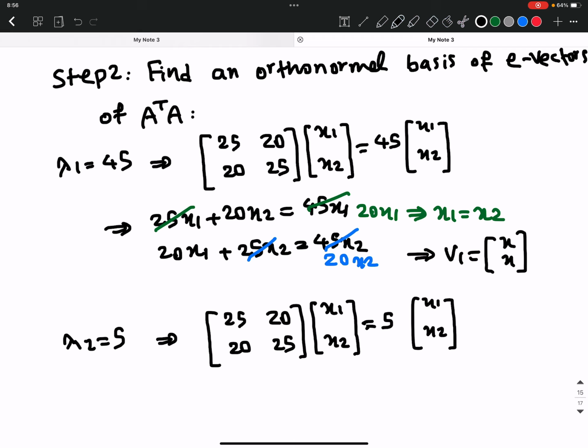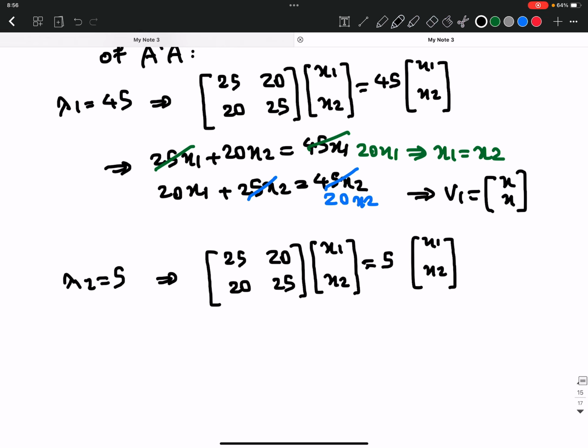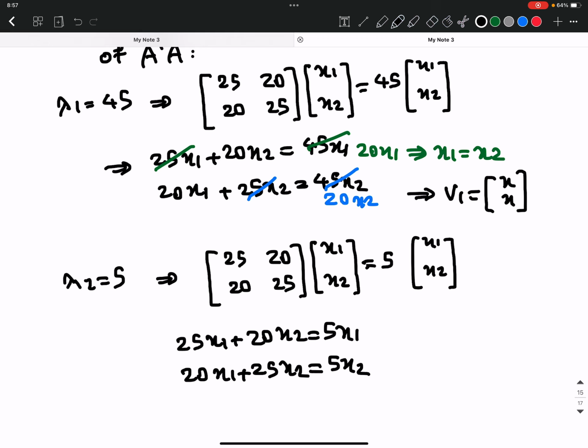So lambda 2 is 5, and then I have this set of equations: 25 x1 plus 20 x2 equals 5 x1, and 20 x1 plus 25 x2 equals 5 x2, right?